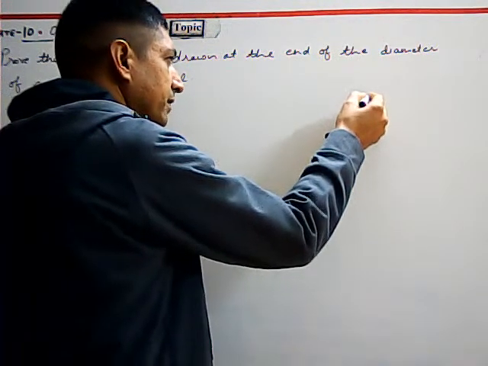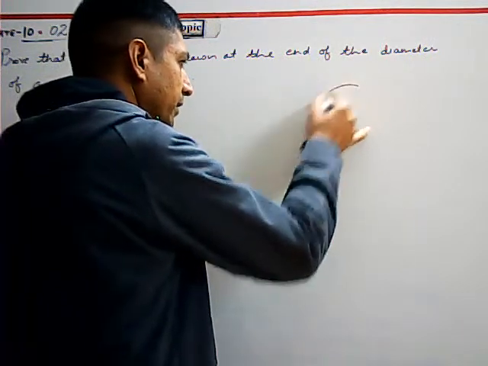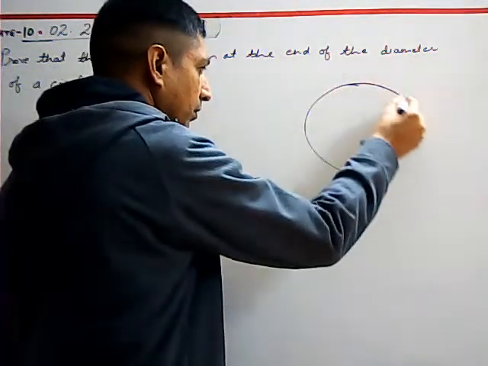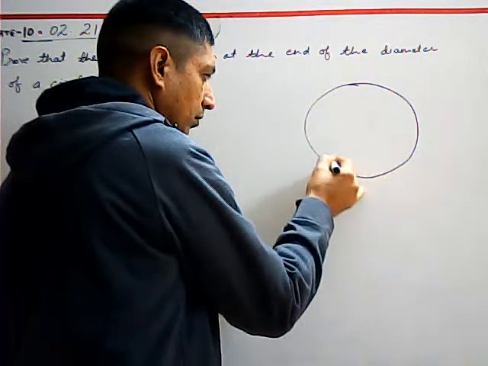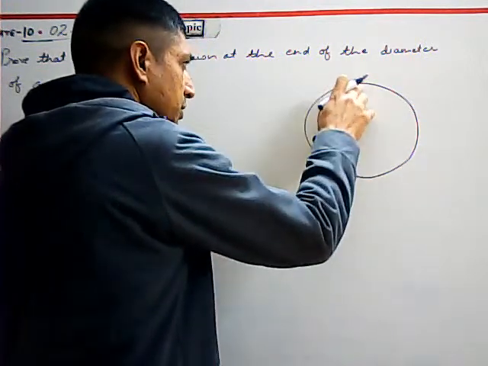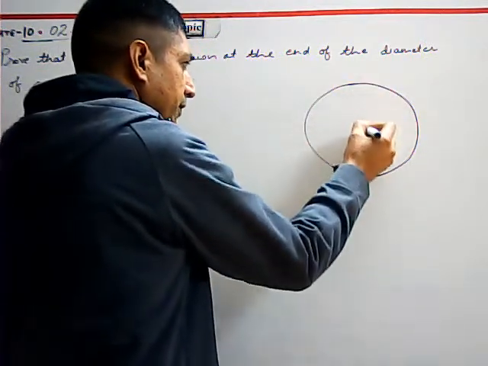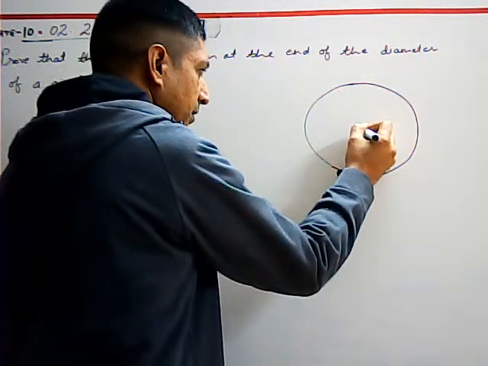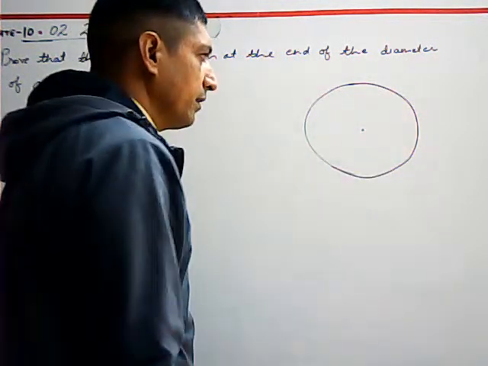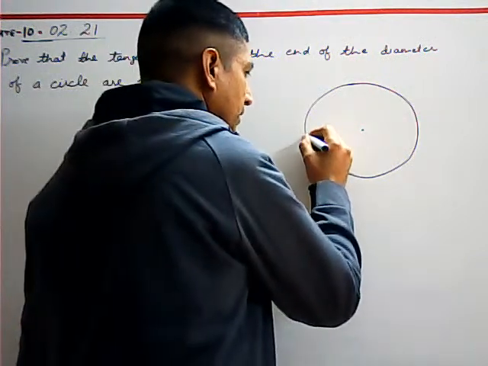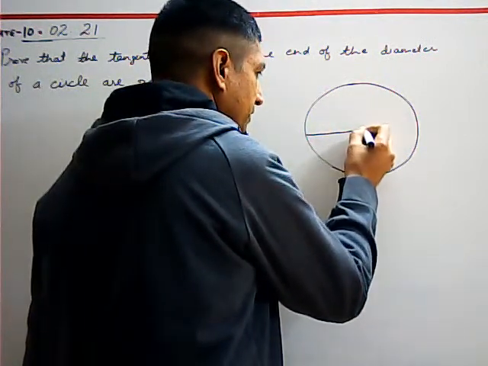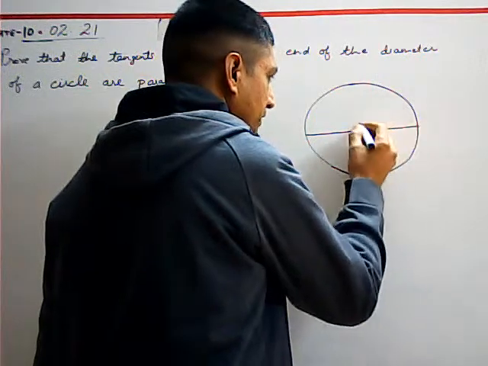If we have a circle, right? So if a diameter is there, right? Diameter is a line segment which passes through the center of the circle.